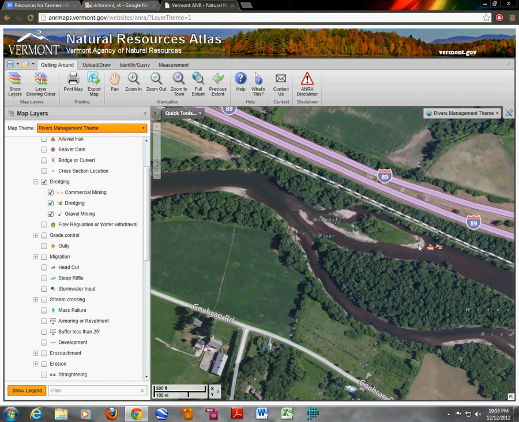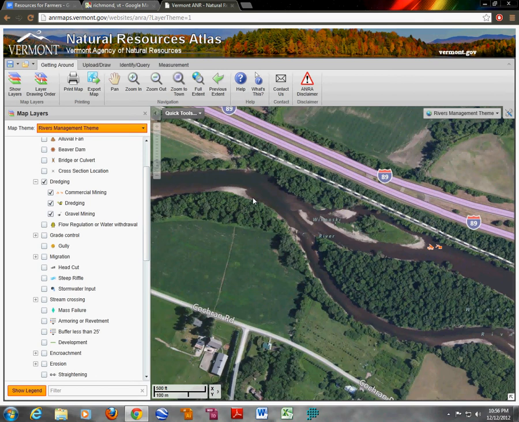When you dredge the bottom of the river and you mine gravel or sediment or sand for whatever purpose, what you're doing is deepening the channel of the river. That will channel the water down the course of the river and make the water go faster, with less of a chance to overflow the banks of the river.